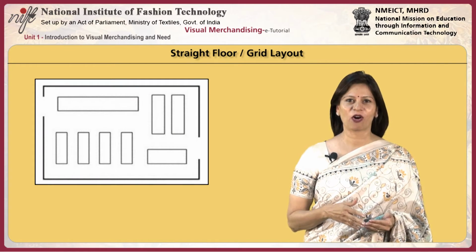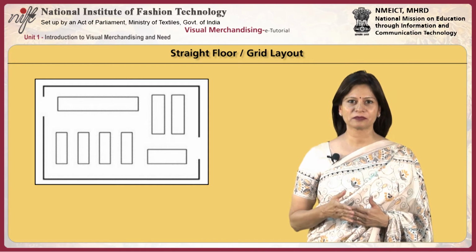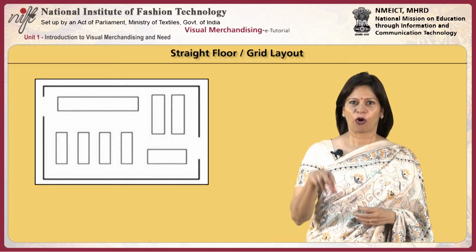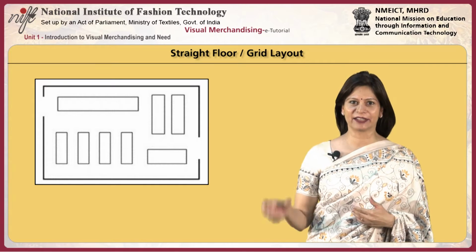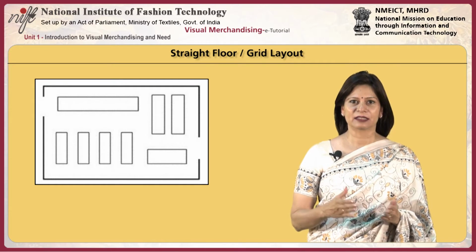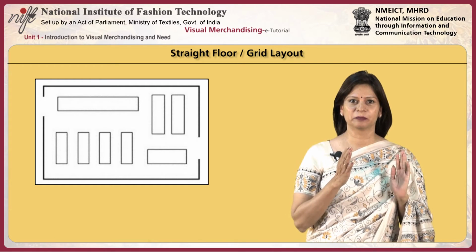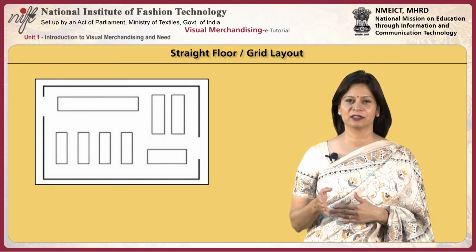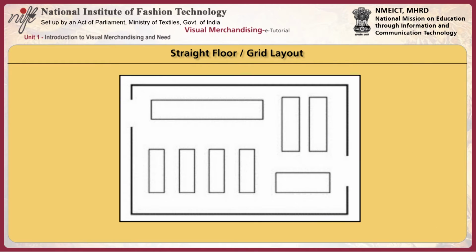Straight floor or grid layout, as you can see in the image, has horizontal or vertical grids, and that's how the racks and the shelves are displayed in the store. It is mostly used in clearance sale.